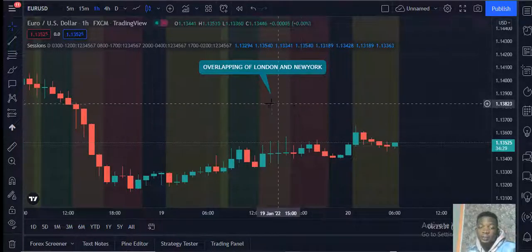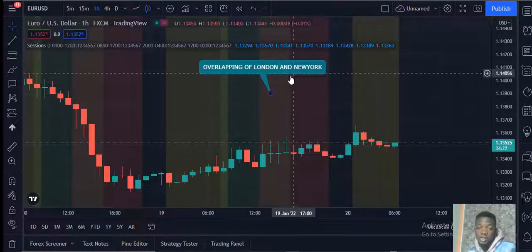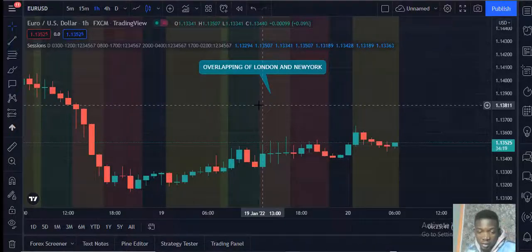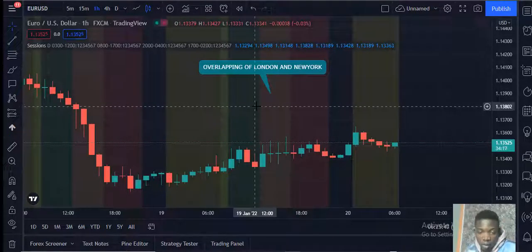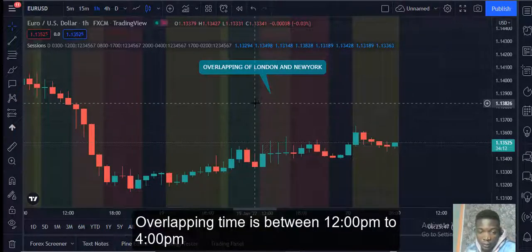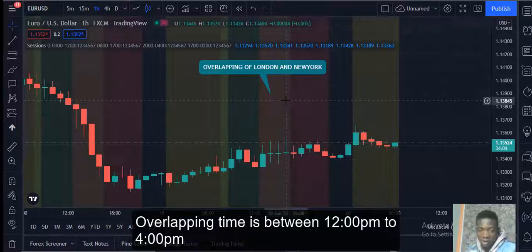Now you notice that when the New York session is starting, the London session is still on. So definitely there will be an overlap between them, and this overlap is between 12 and 4 p.m.